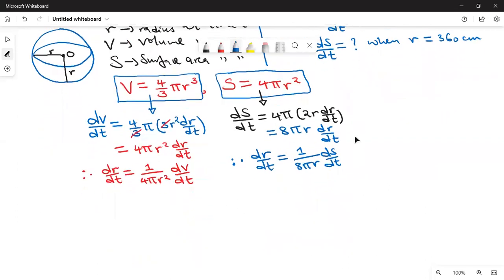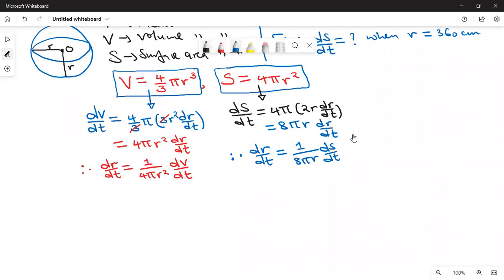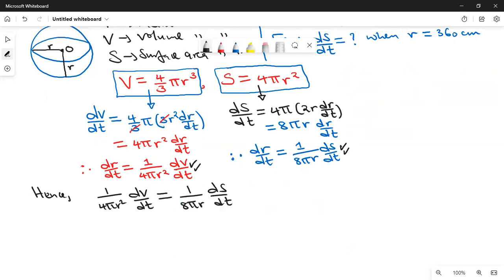So look at those two equations. Let me tick them. Look at this equation and this one. We can now equate them because on the left-hand side, we have dr/dt. So equate those two equations. Hence, 1 over 4 pi r squared dV/dt is equal to 1 over 8 pi r times dS/dt. And from here now you can make dS/dt the subject.